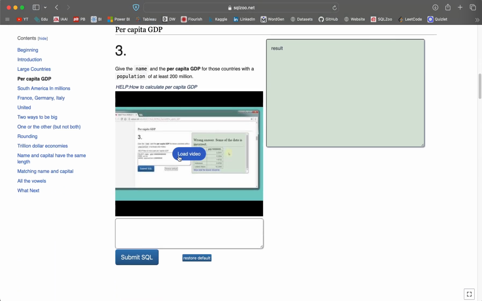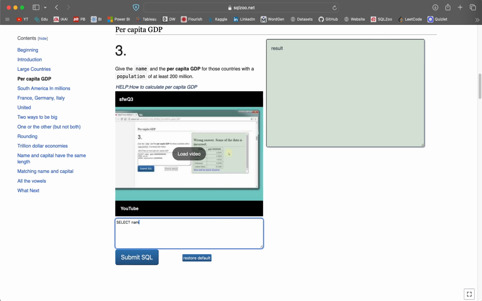Let's come down to number 3. On some of these questions, you'll see a video kind of explaining how to break it down, but you're already here looking at this video, so that video won't be useful to you. It asks us, give the name and the per capita GDP for those countries with a population of at least 200 million.